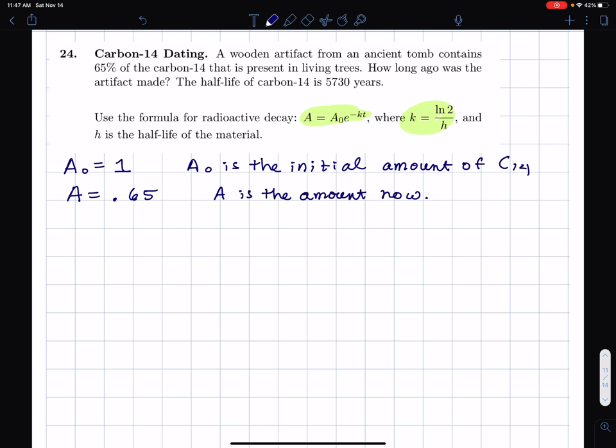So A, in this formula, maybe I should point this out, is the amount of C14 at time t.